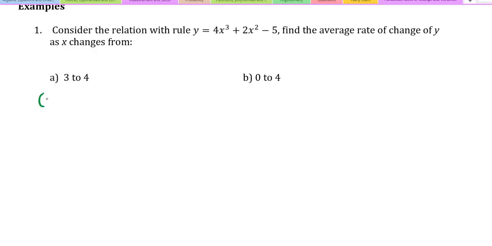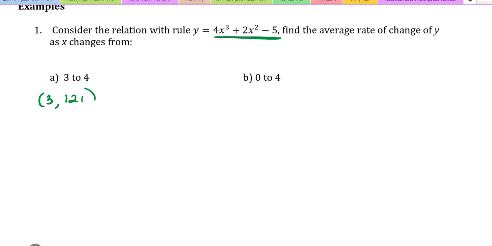So when x is equal to 3, we use our calculator to sub 3 into our equation. So we go 4 times 3 cubed plus 2 times 3 squared minus 5. And you press equals and you would get 121. So that's our first point.